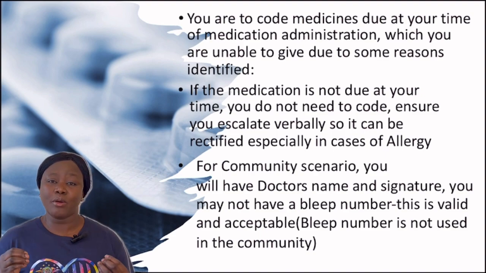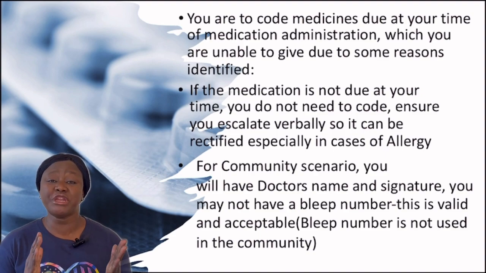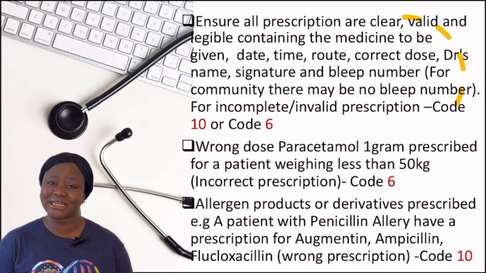Okay, now in your medication, when you read through your MAR chart, ensure the prescriptions are clear, valid, legible, containing all the necessary details: the patient's full name, address, hospital number, the dates you are giving that medication, the time, the route. You ensure it's the correct dose, the doctor's name, signature, bleep number for in-hospital scenario.